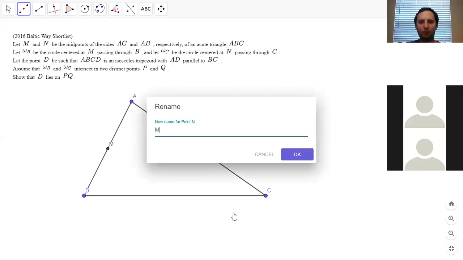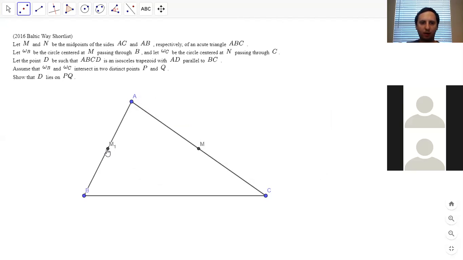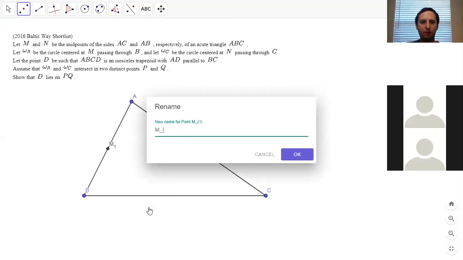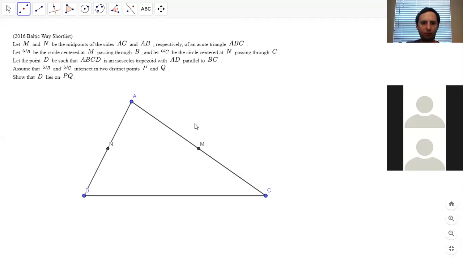Actually, I think we did this problem before, but I'll do it again. I don't remember how I did it. Okay, so we draw those two circles.